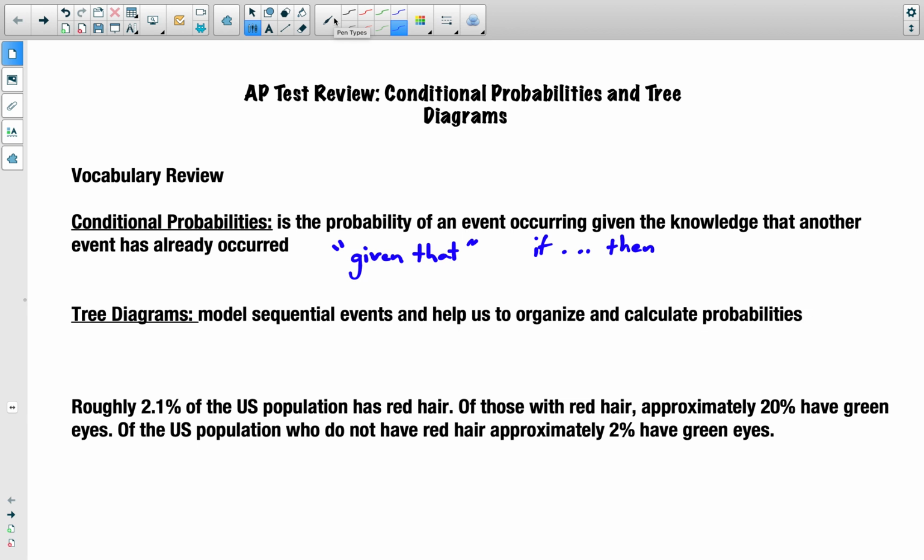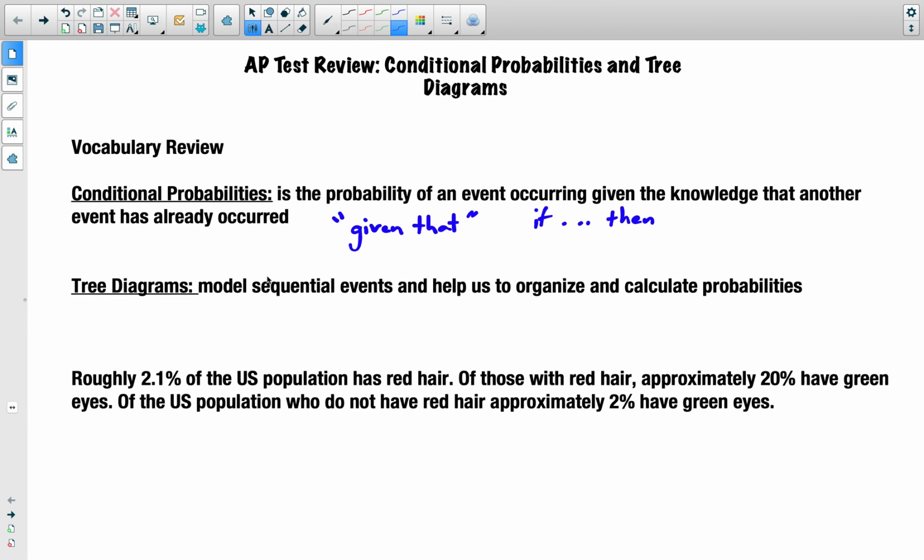It's just that knowledge of that event happening has already occurred. So don't always think that it would have to happen first. We have knowledge of some other event and the probability that it occurs. Then what's the probability that this secondary event happens? Tree diagrams are a great way to model sequential events or knowledge of another event happening before a secondary one occurs.